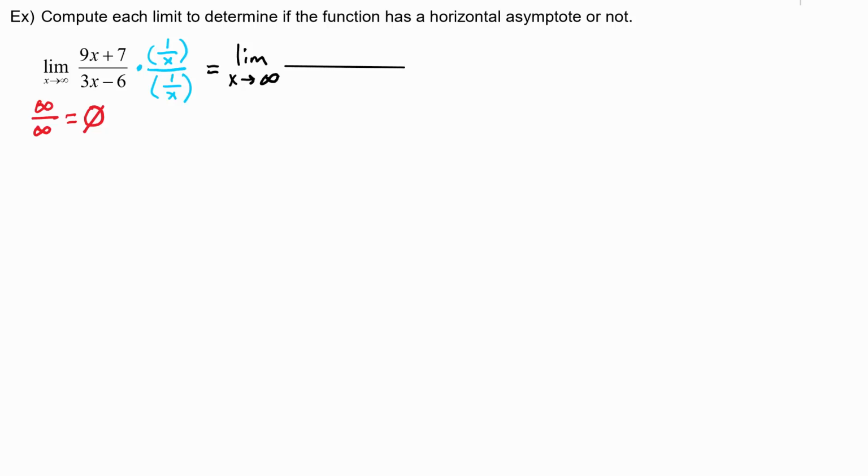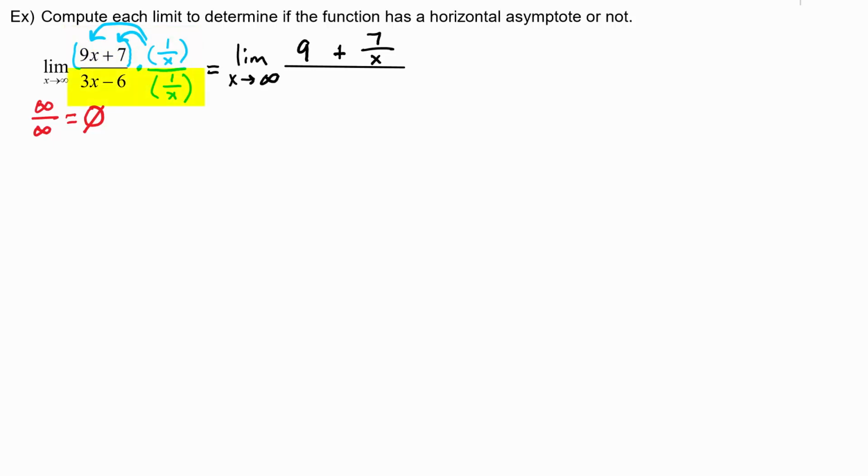Remember that this 1 over x in the numerator will distribute to both of these terms here. So when we take 1 over x times 9x, we will get 9. And then we have a plus sign. And then we have to take 1 over x and multiply it times 7. So that becomes 7 over x.